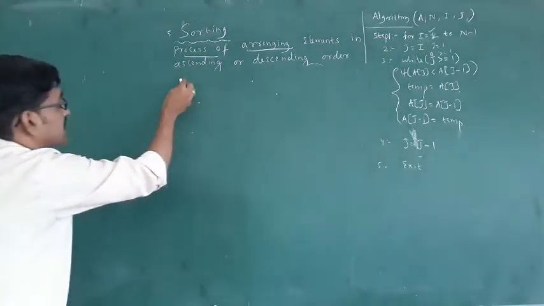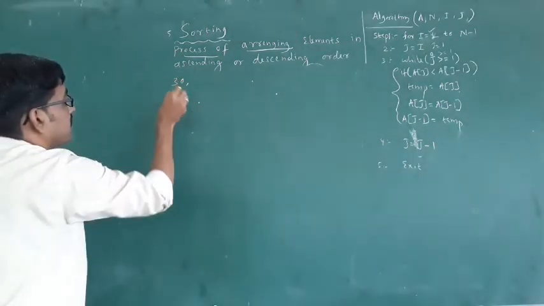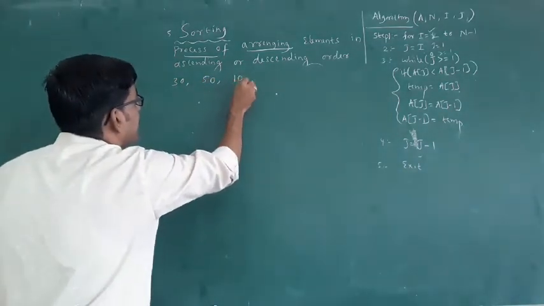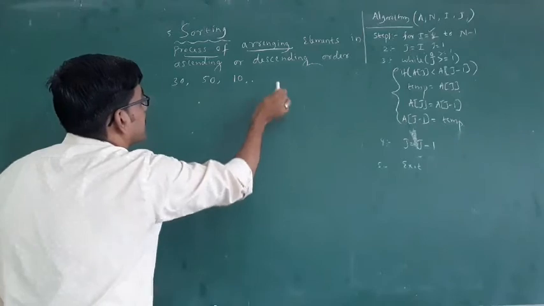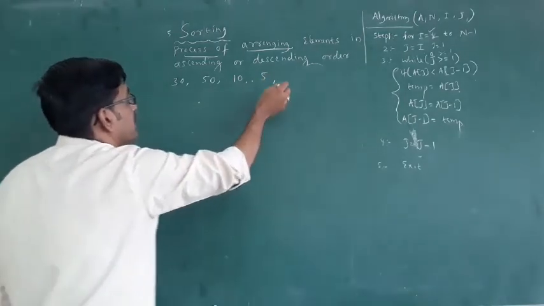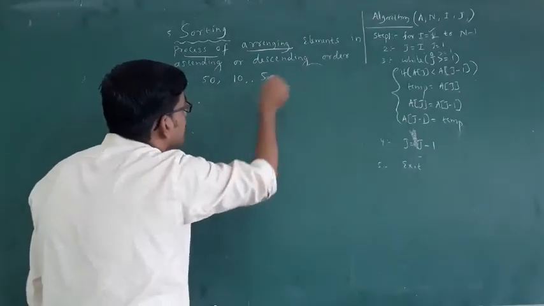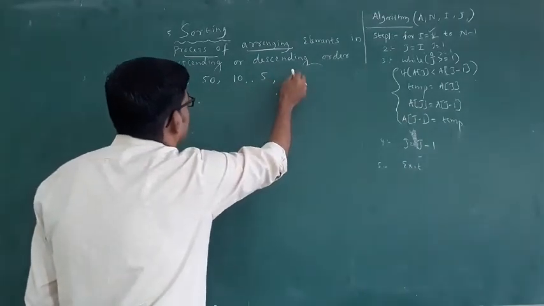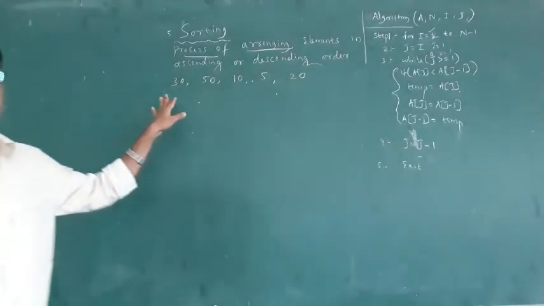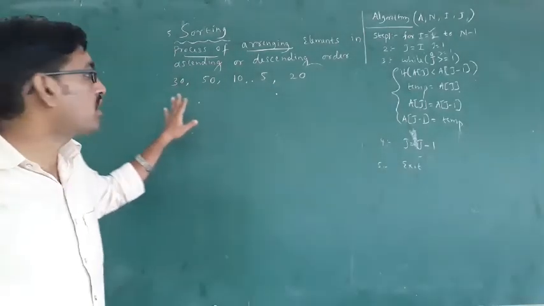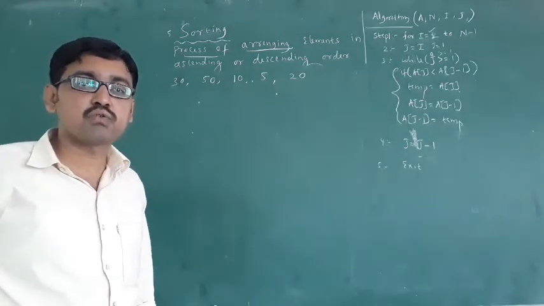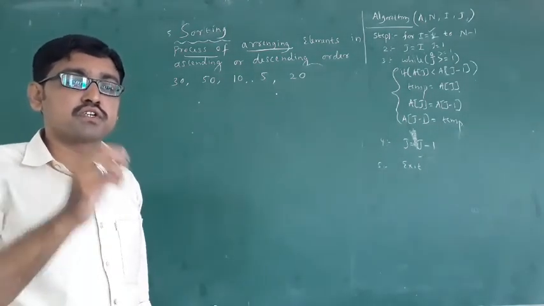For example, they give 30, then 50, then 10, then 5, then 30, for example 20. How to solve? How to sort this problem using the insertion sort method?